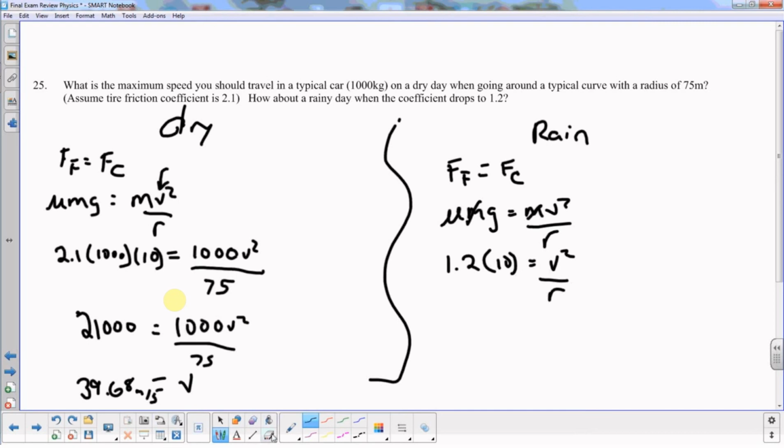And the r is still 75. So 1.2 times 10 times 75. Times 10, multiply that by 75 to get rid of it. We're going to have 900 equals v squared, square root of 900. It's 30 meters per second.